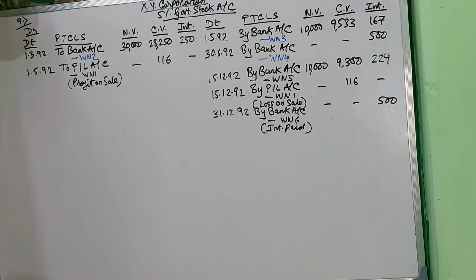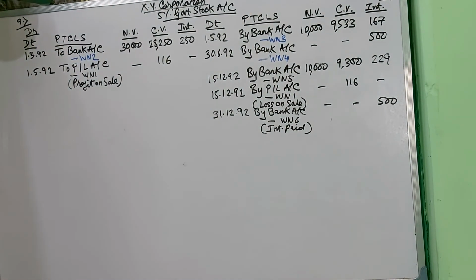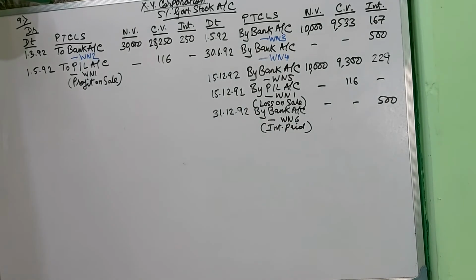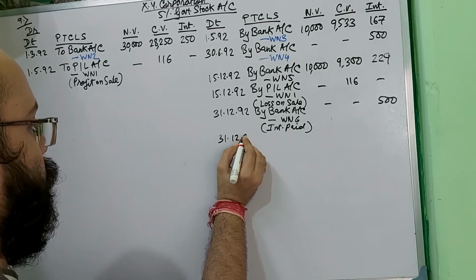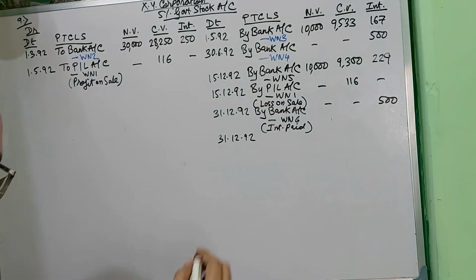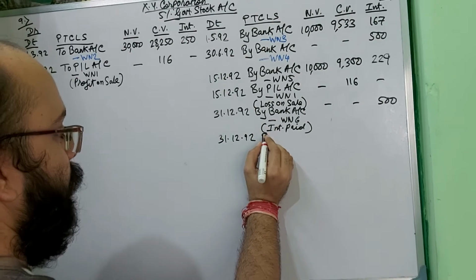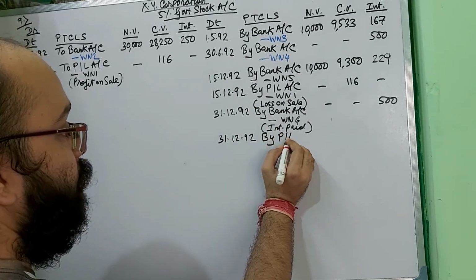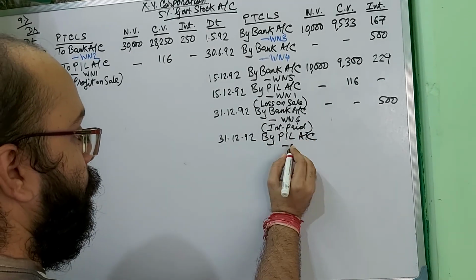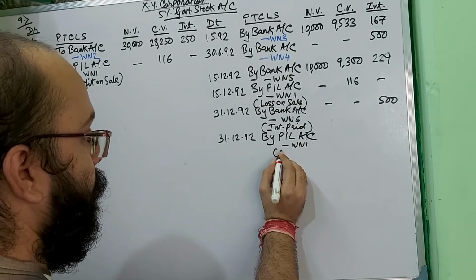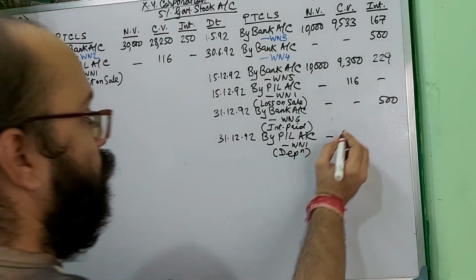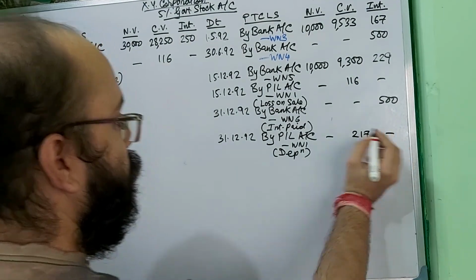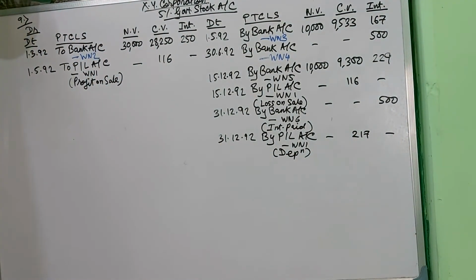And on 31st December, from the market price we get a depreciation of 217, so that will also be computed. That will be by PL account as depreciation, working note 1, 217. It should be posted in capital value.